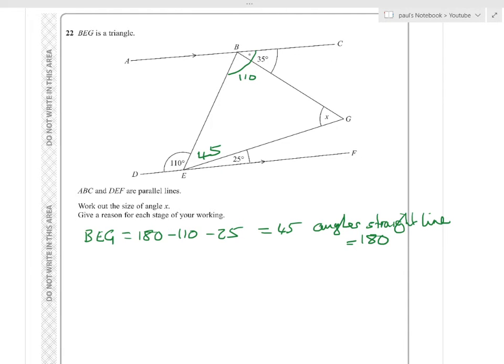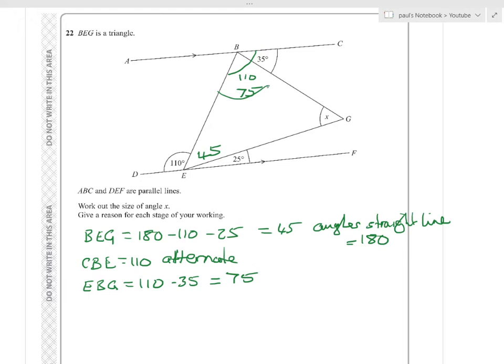So CBE equals 110, and this is alternate angles, and so EBG equals 110 minus 35, which is 75. There's no real reason for that one. So this one's 75 there.